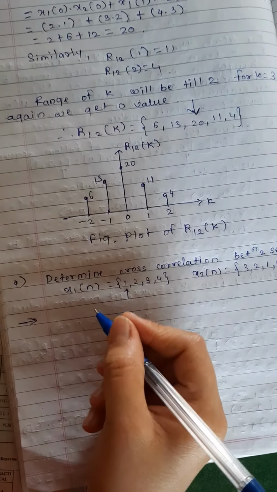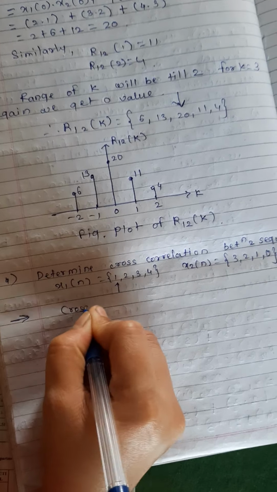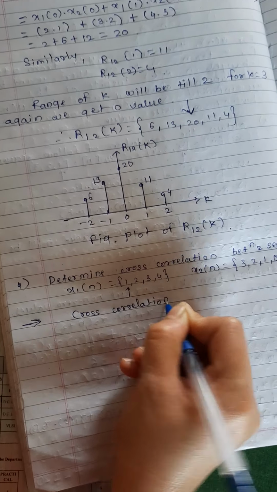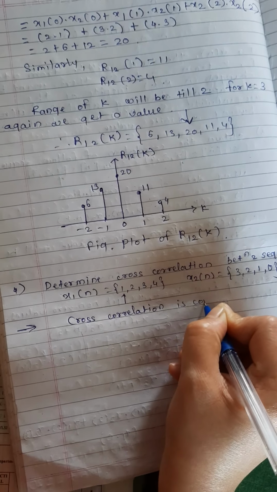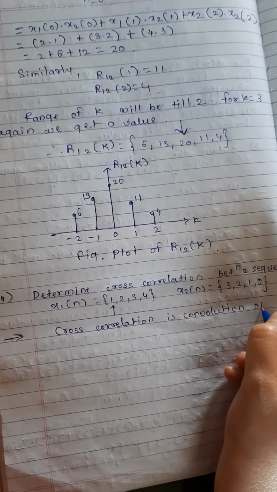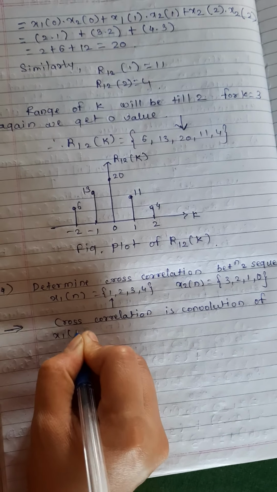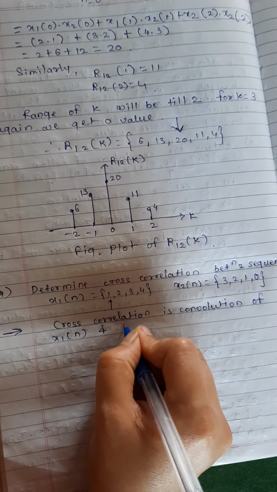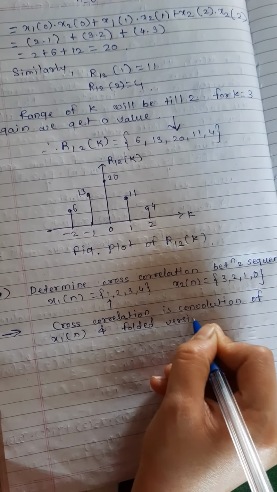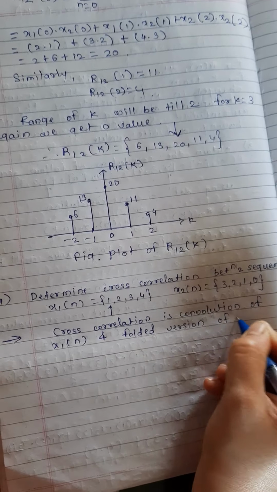So cross correlation is the convolution of x1 of n and the folded version of x2 of n.